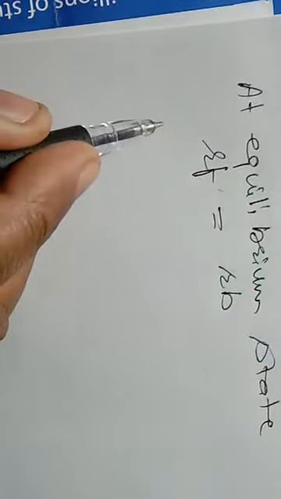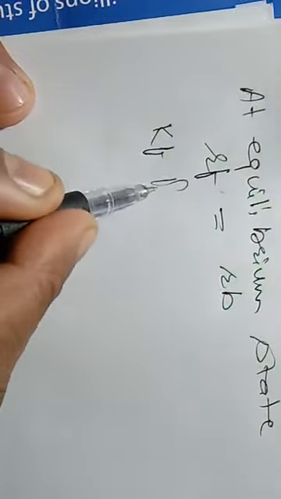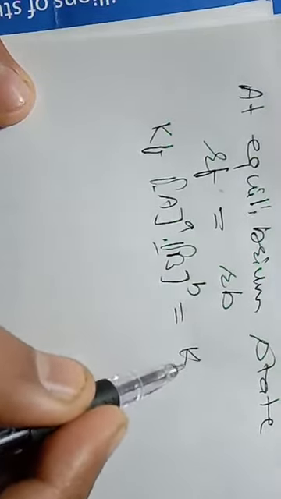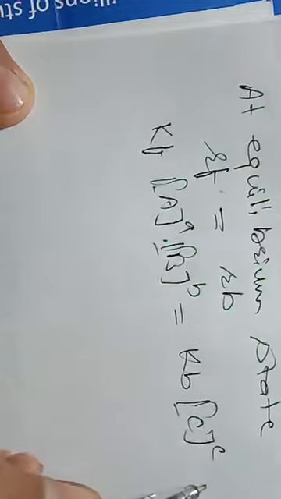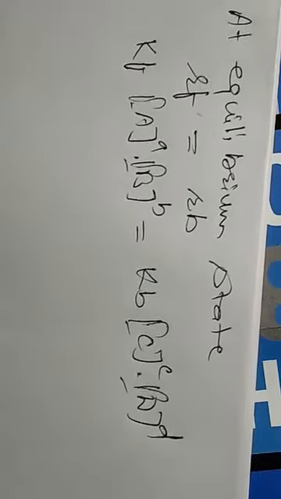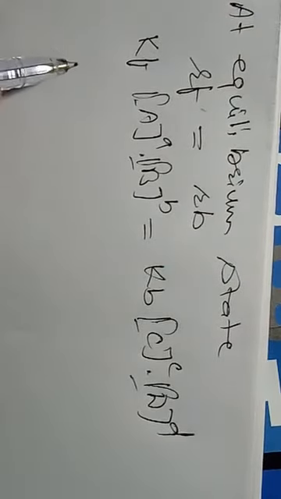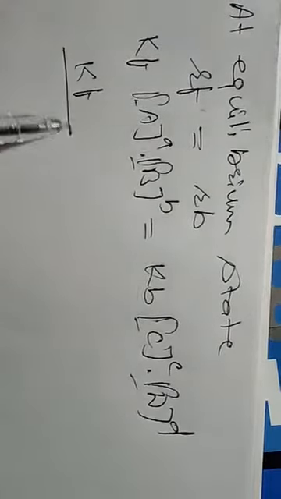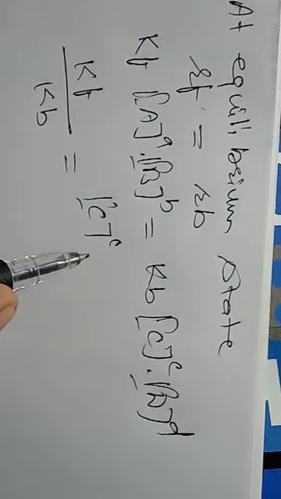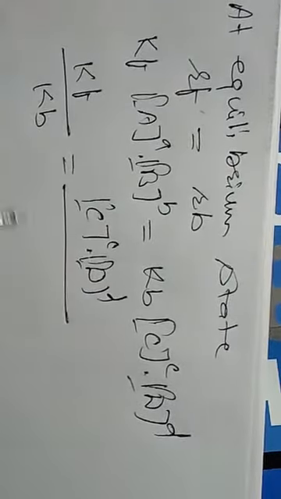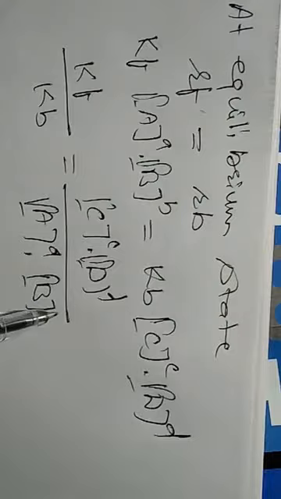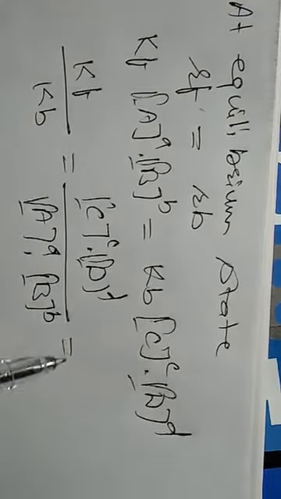Means KF will be equal to these terms. Okay, students. Or KF upon KB will be equal to C raised to the power C, D raised to the power D divided by A raised to the power A and B raised to the power B, and this will be equal to Kc.